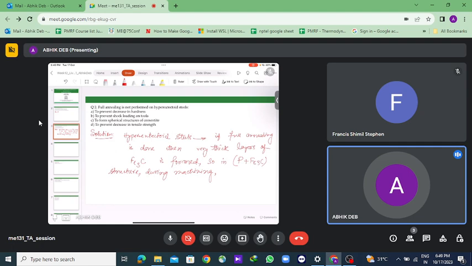So if given a multiple choice question, I don't think that relieving residual stress will be a correct answer for this, because we already have another type of annealing, that is stress relieving, for relieving the residual stress. Okay.